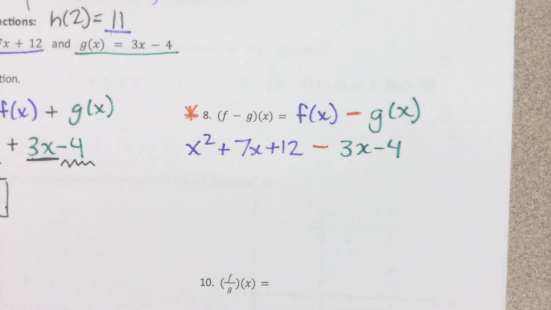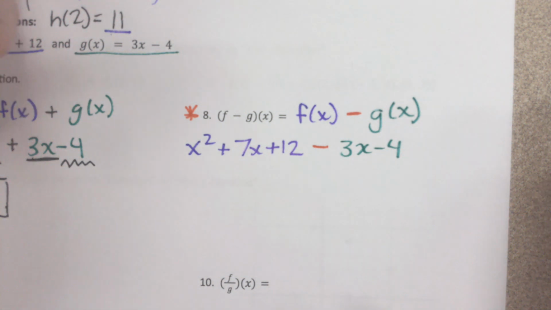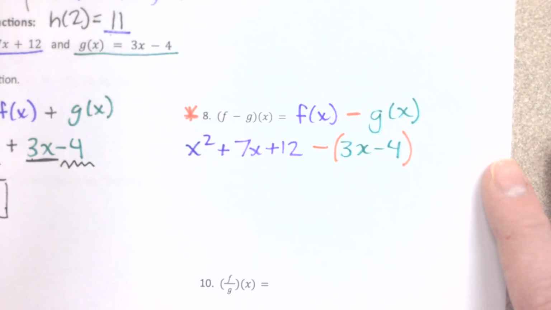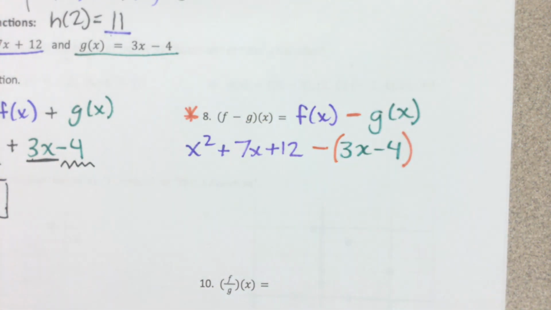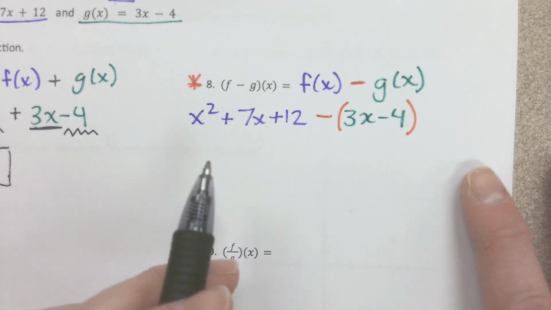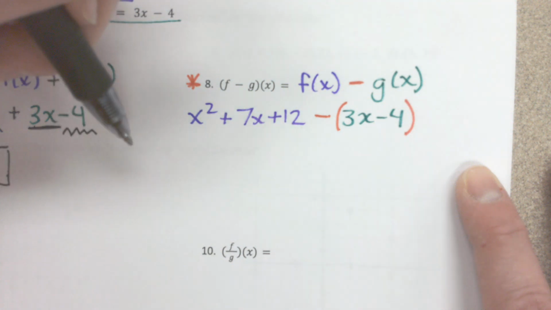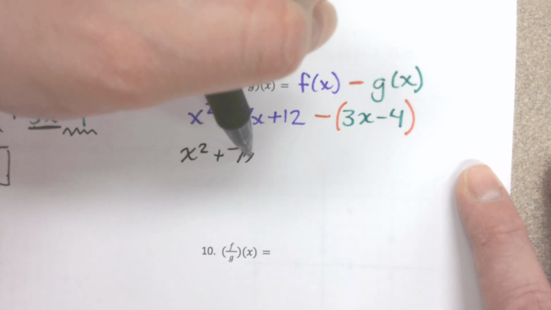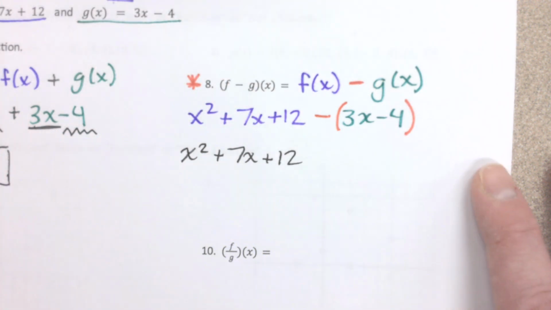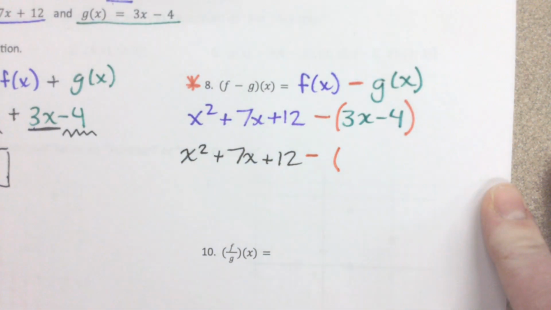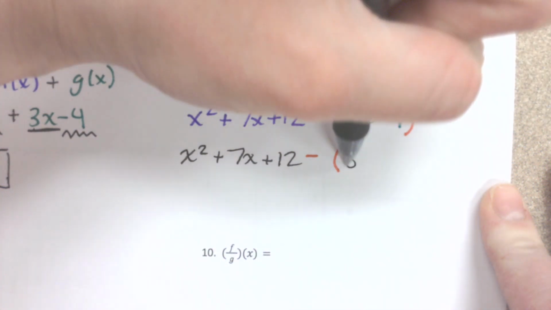You have to be very careful with it. So I'm going to put this back set in parentheses. Anything that comes after that minus needs to be grouped into parentheses. I'm going to rewrite this and then actually do the step that I need to do. x squared plus 7x plus 12 minus, and then in parentheses, I have 3x minus 4.